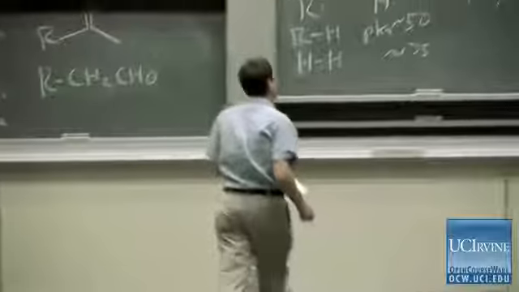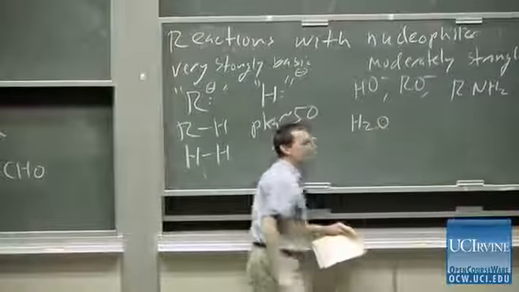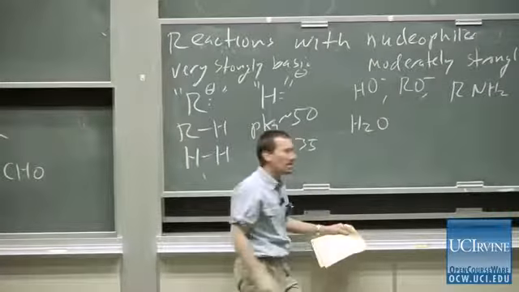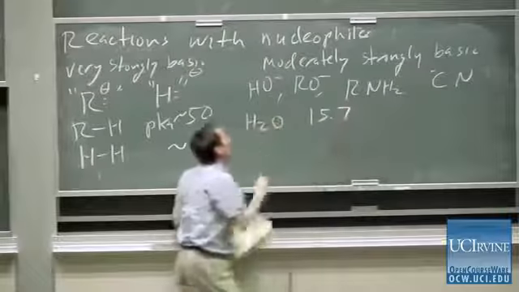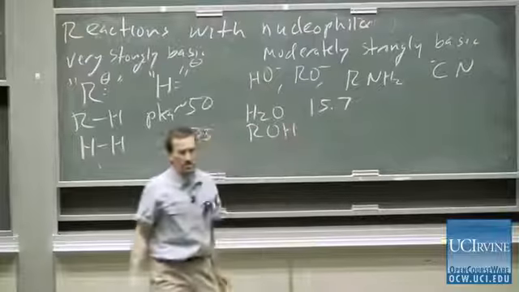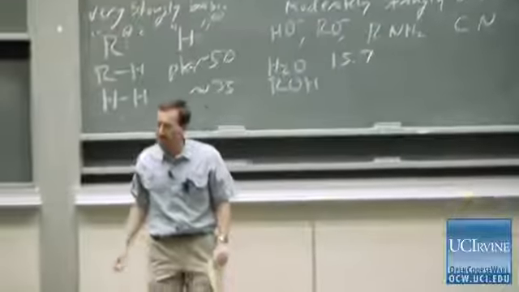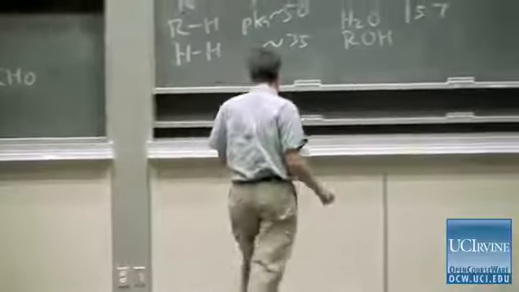The conjugate acid of hydroxide, of course, is water. The pKa of water is 15.7. The conjugate acid of alcohols is just about the same, maybe a hair weaker, depending on the alcohol, about 16 to 17.